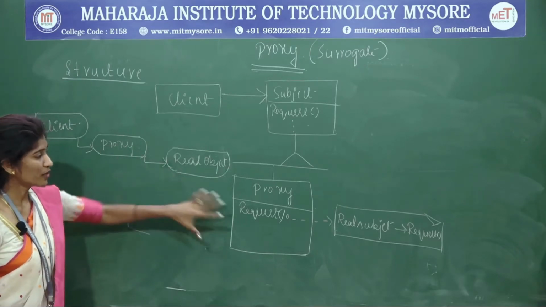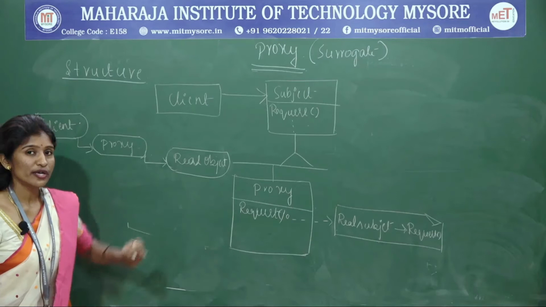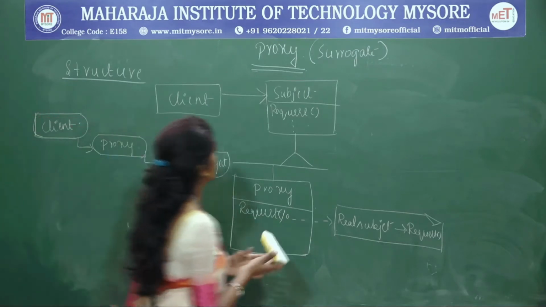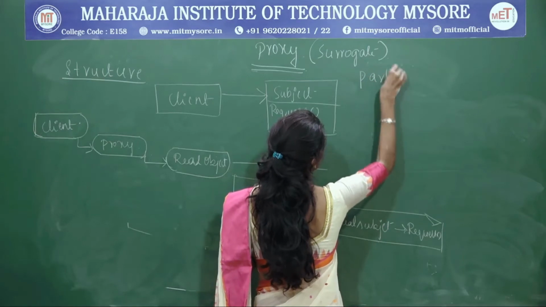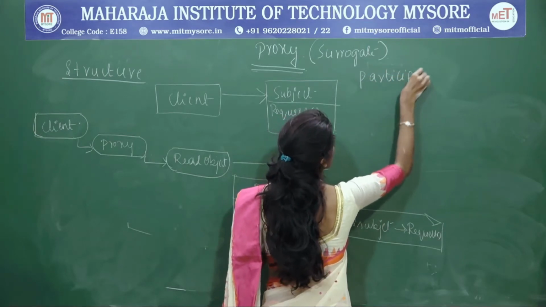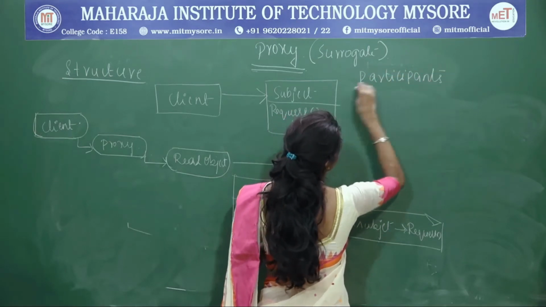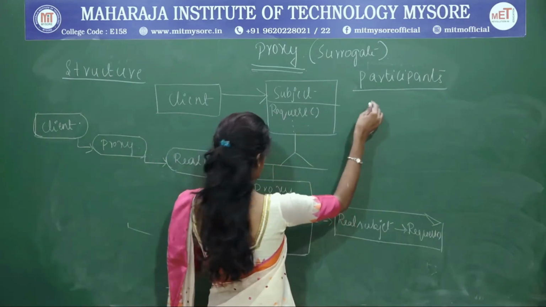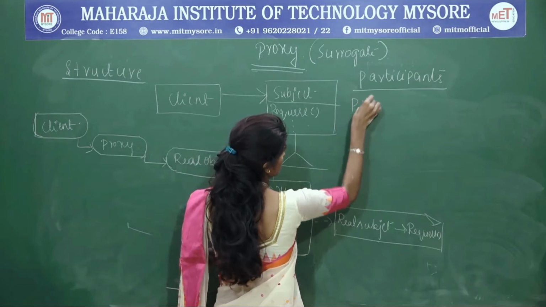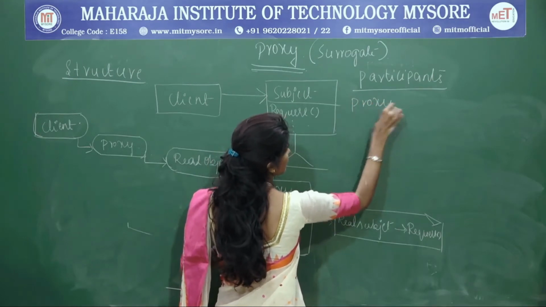Now, by looking at the structure, what can you write? You can write the participants, right? We will see the participants now. I will start with the first participant, that is the proxy itself.